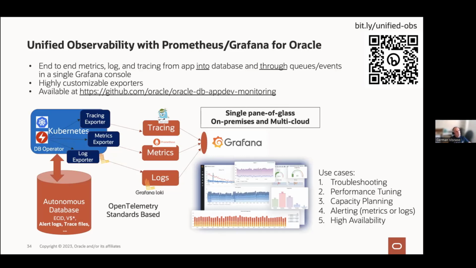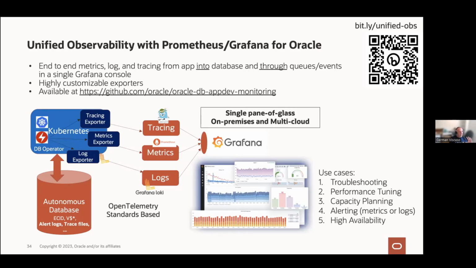So it works like this. You have the database. The database creates a specific pod to create exporters, and this exports the three pillars of observability. When I mentioned observability, I said that the pillars are metrics, logs, and tracing, right? So this creates exporters to monitor all of that.